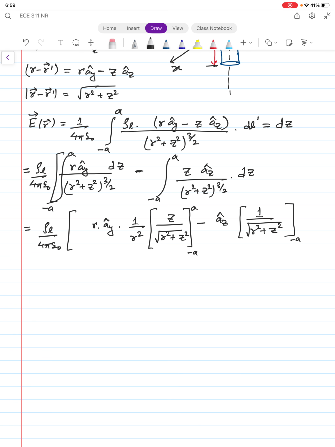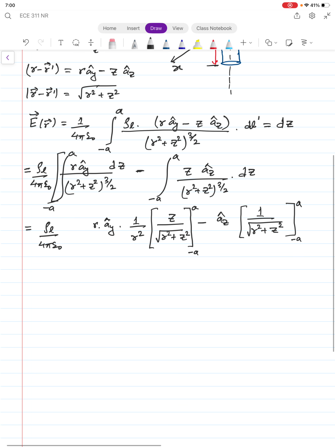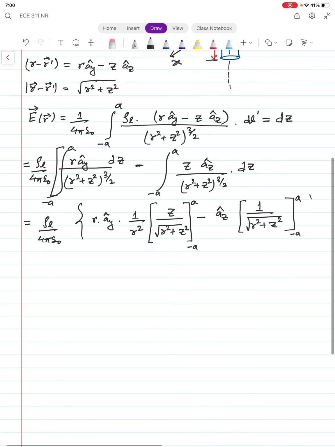So limit is negative a to positive a, and I'll simply use a different kind of bracket. Actually, I was looking at the integral table and it says this should be negative. So negative and negative should make that positive. Okay, I think we are good to go.